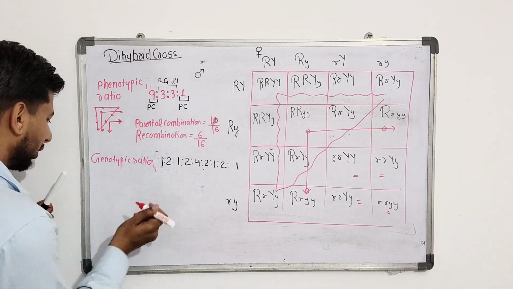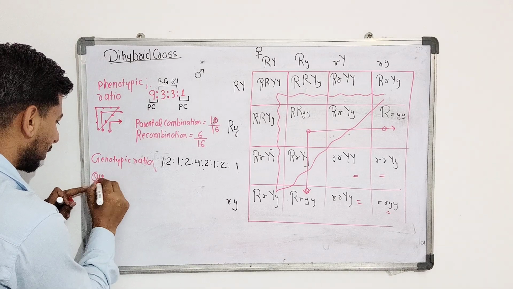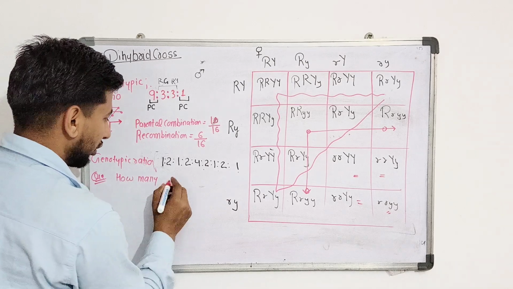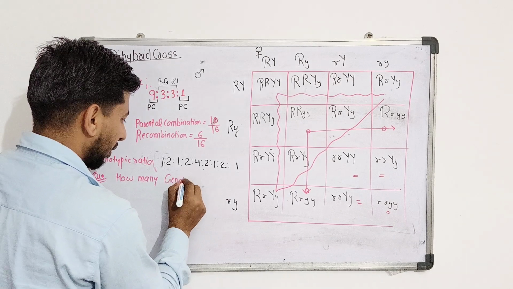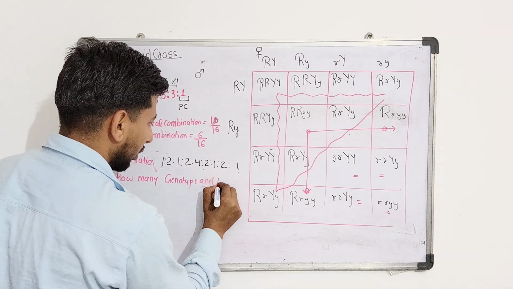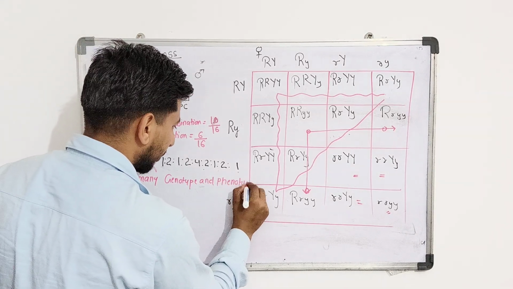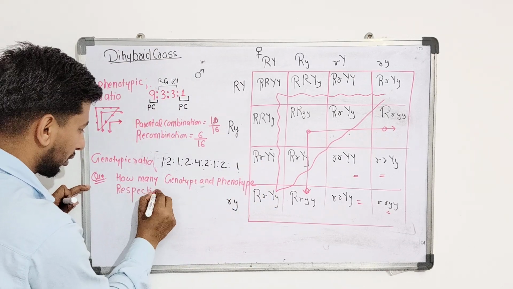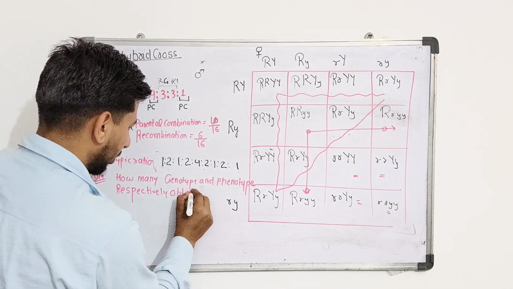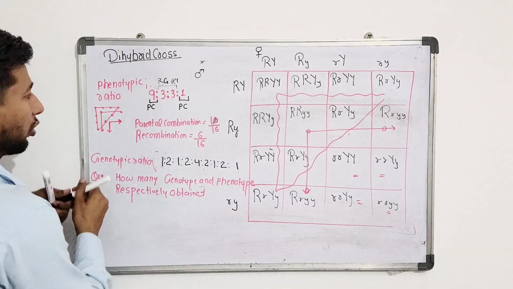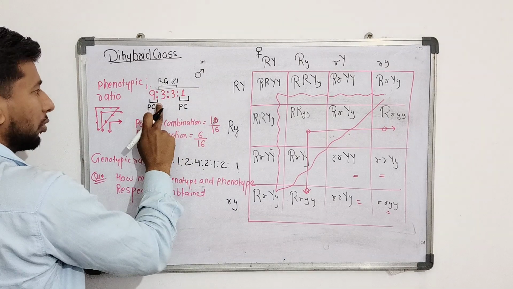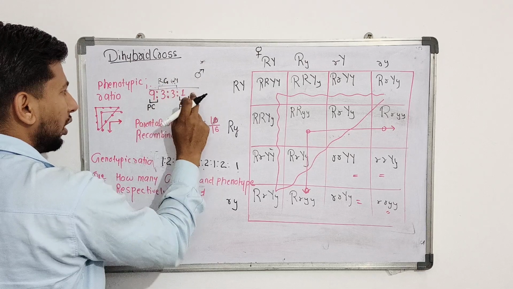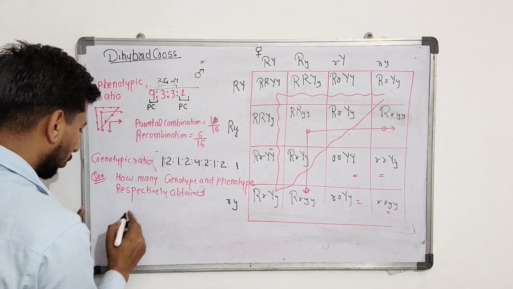Now the question arises, in a dihybrid cross, how many genotypes and phenotypes respectively are obtained? There will be many options, but we got 4 types of phenotype: round yellow, round green, wrinkled yellow and wrinkled green.